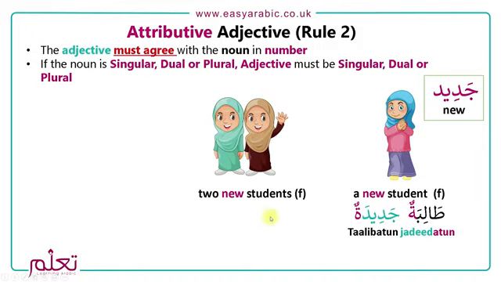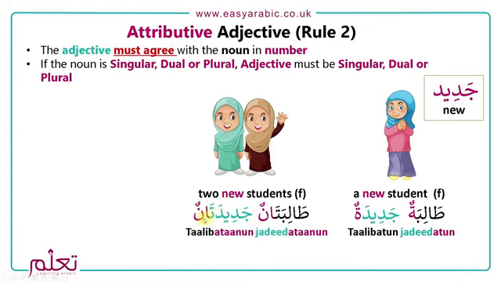But before we can add the alif noon, we need to change the ta marbuta to ta marfu'a, which is the normal ta. So it will be talibata alif noon, talibatanun, and then we add the same rule to the adjective. So it will be talibatanun jadidatanun.